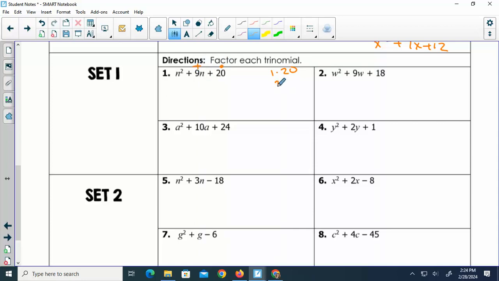No. If you do 2 and 10, no. 20 divided by 4 is 5. Does that add to 9? Yes. So what would my two parentheses be? N plus 4, and my other number was positive 5, so n plus 5.